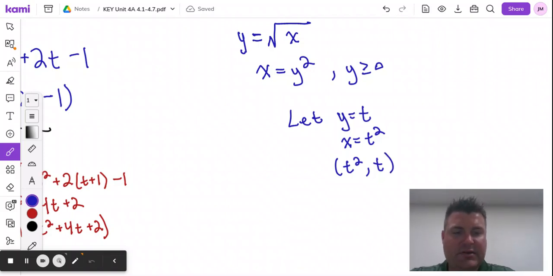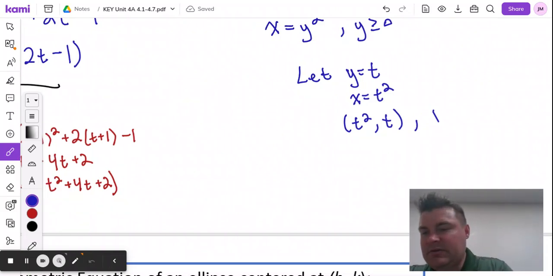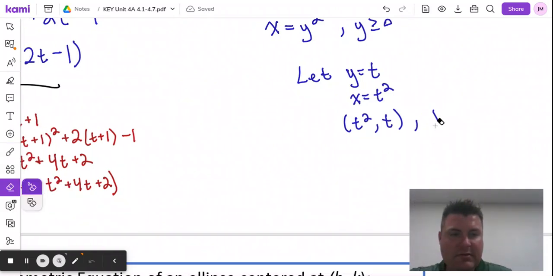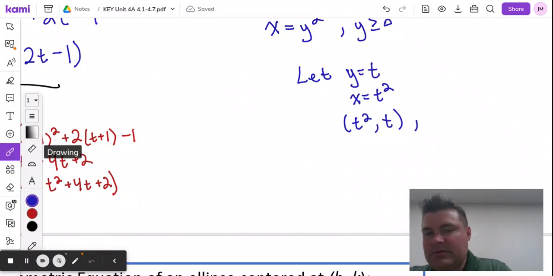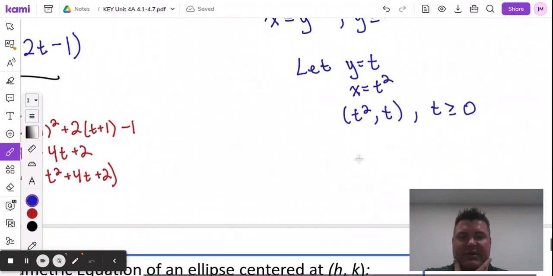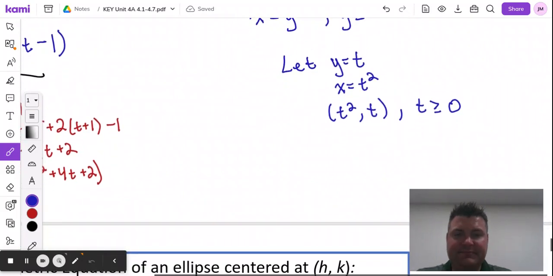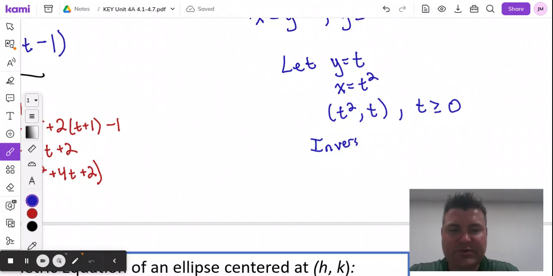And this is when t is bigger than or equal to 0, because we have that restriction right there. So this is the regular way to do it. And then the inverse of this is when we just switch x and y.